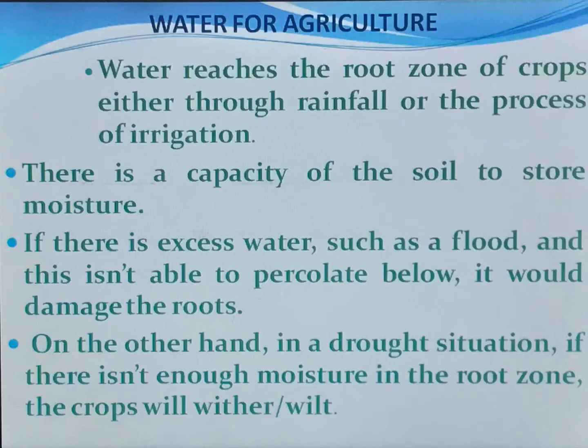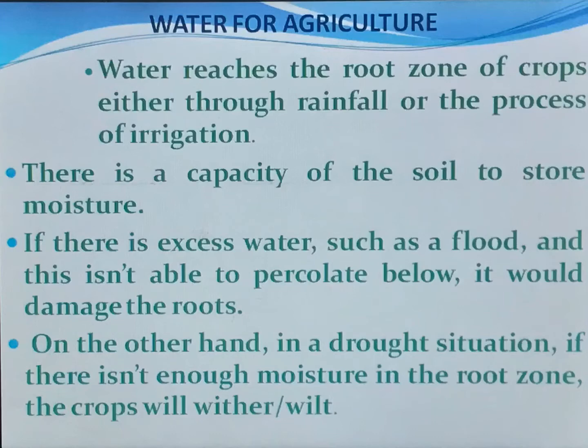The crops or plants need water to survive, to grow, and to give us fruits and vegetables and all the things. So the plants get water either through rainfall or through irrigation. What is irrigation? Irrigation is watering the plants through different types of methods.